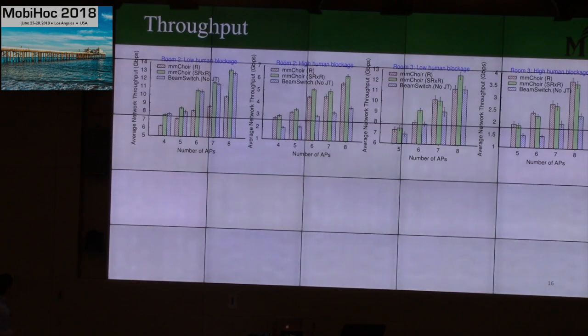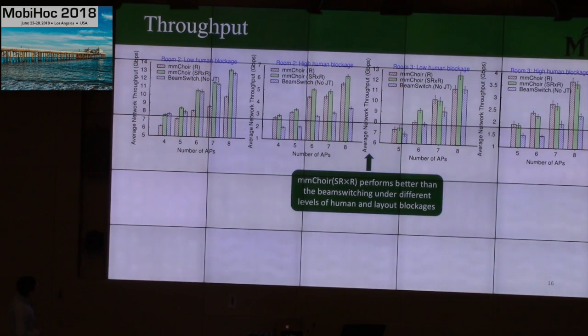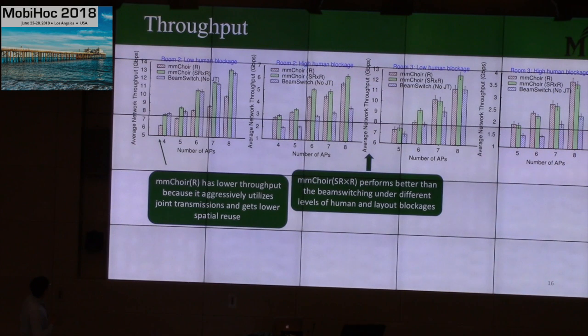So let's first see the throughput. We can see that mmChoir SR cross R performs better than beam switching under different levels of human and layout blockage. But mmChoir R has a lower throughput because it vastly utilizes the joint transmission and gets a lower spatial reuse.